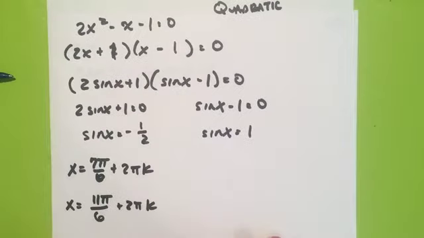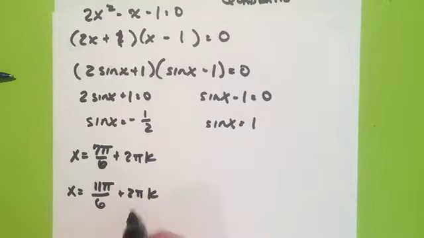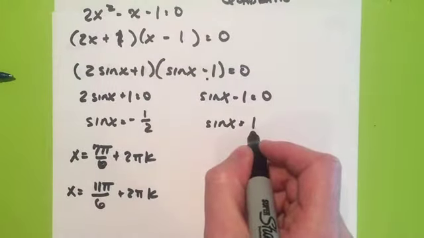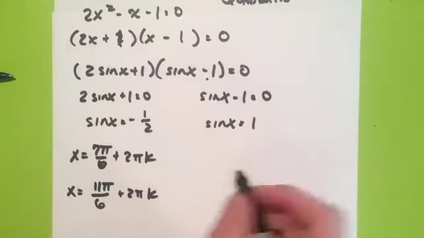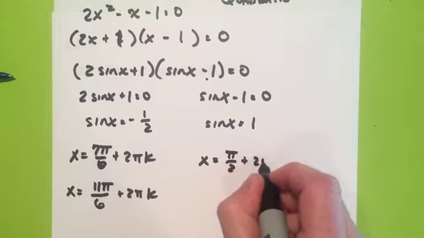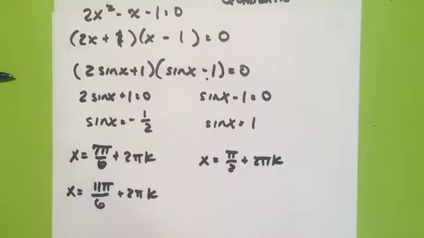Plus 2 pi k because 2 pi is the period of sine. We've got those two from that factor. From this other factor, we've got sine of x equals 1. That happens straight up. So we've got x equals pi over 2 plus 2 pi k.